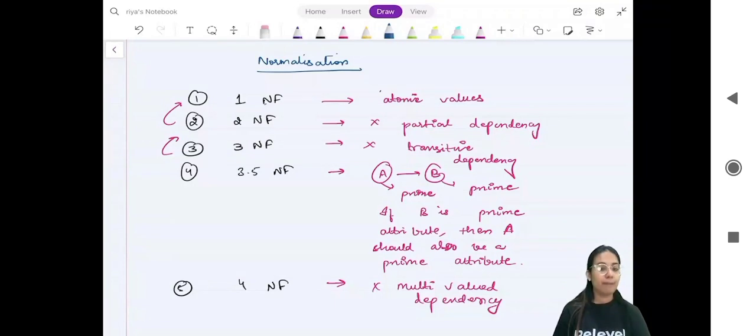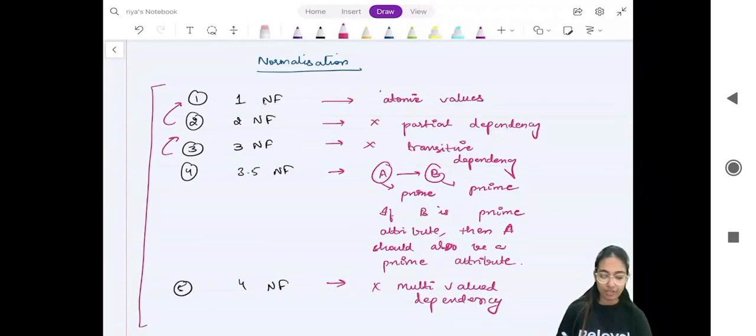One other thing to remember over here is that when we talk about the concept of normalization, usually we go up till 3rd normal form, okay? And if the data is very complex and is not designed well, then it becomes kind of difficult to move to the 4th and the 5th normal form. But if you have very well designed data, it's usually not very difficult to go further.